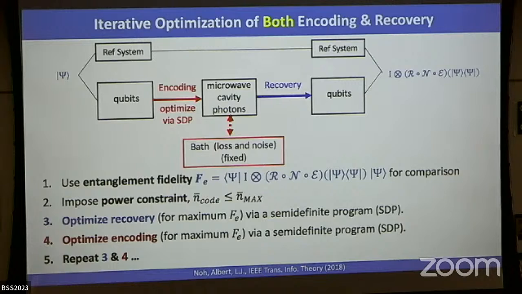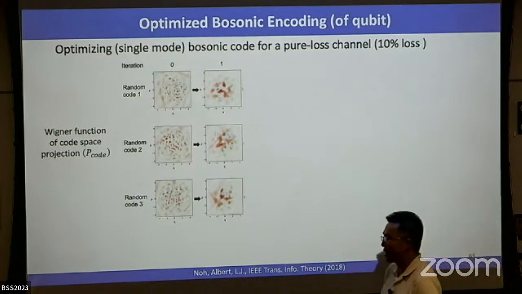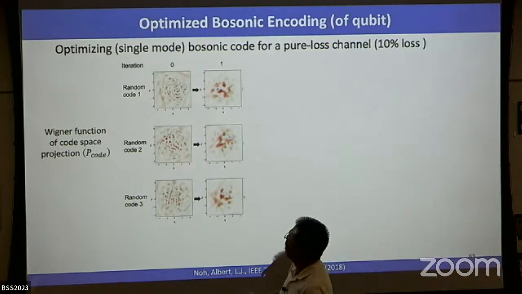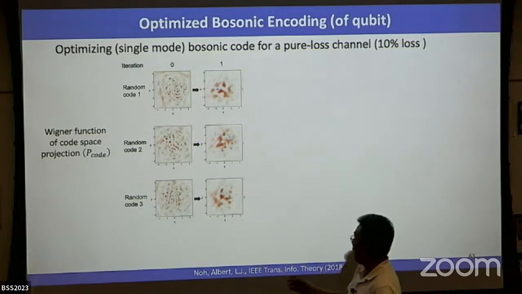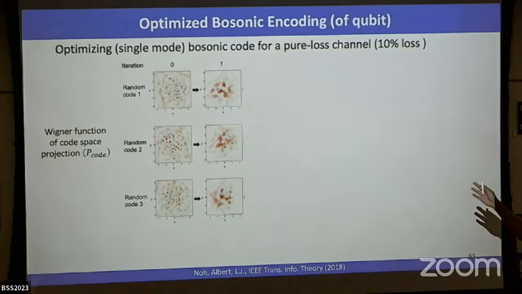It turns out there is something very nice that Kunju came up with after taking this convex optimization class. You start from a random code, optimize the encoding, optimize the decoding, optimize the encoding. After one round, it still looks pretty random.